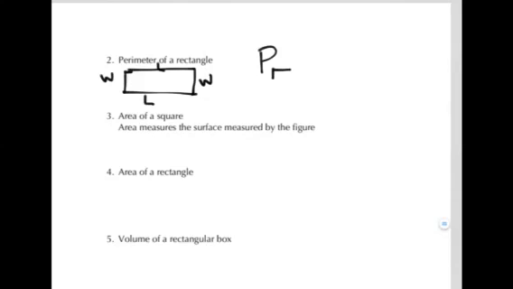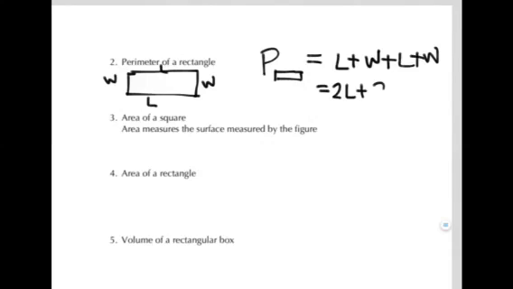You add all the sides together, L plus W plus L plus W. But then you can combine like terms, and you get 2L plus 2W is the perimeter of a rectangle.